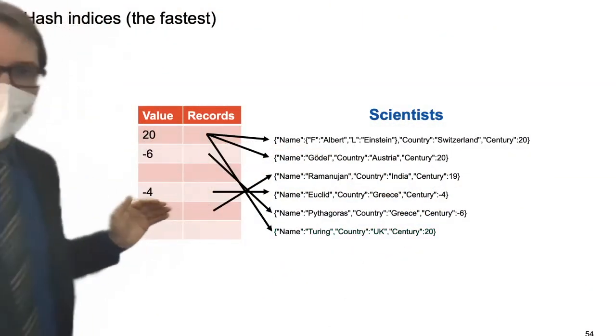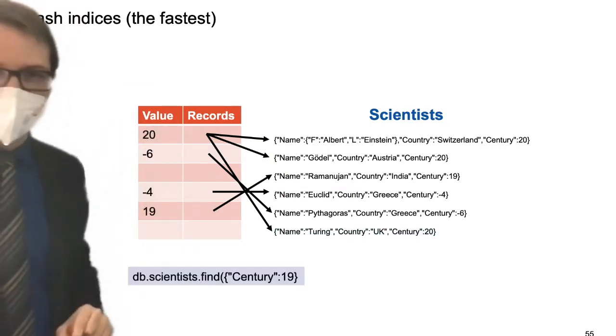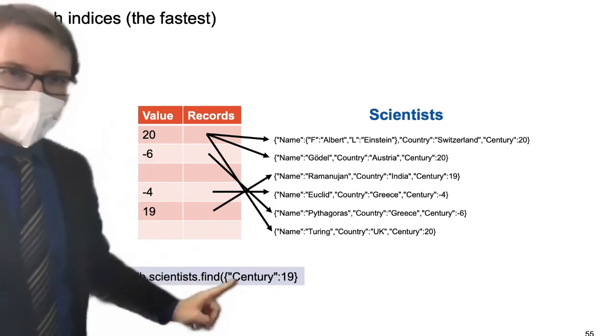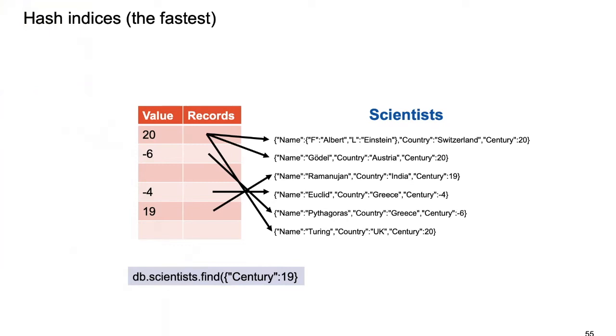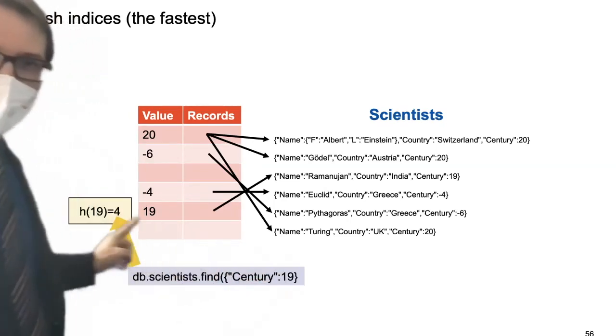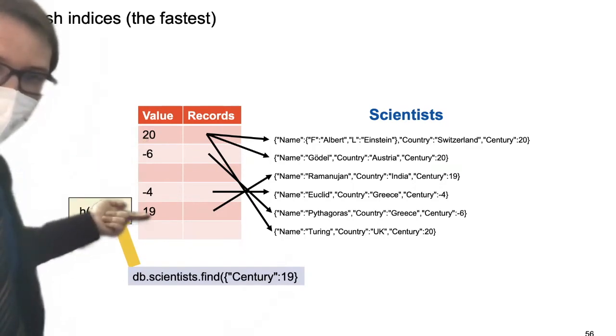So it's a bit of a mess in the way that it's put in there, but H is very fast. So now that I have built my index, of course, there might also be empty cells there, and somebody comes with a query century 19. How can I use my index to answer that query? Exactly, you hash 19. So you take H of 19, it gives you 4. So here it's very quick to find position 4.